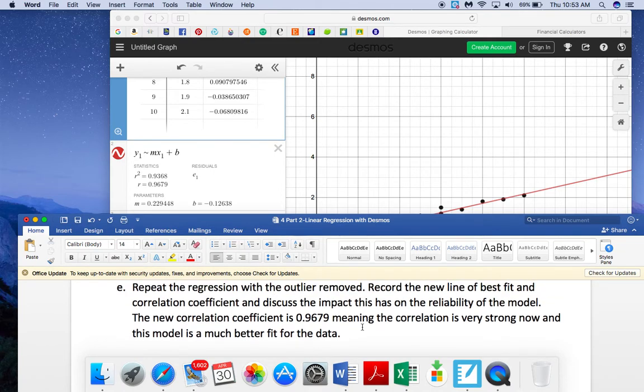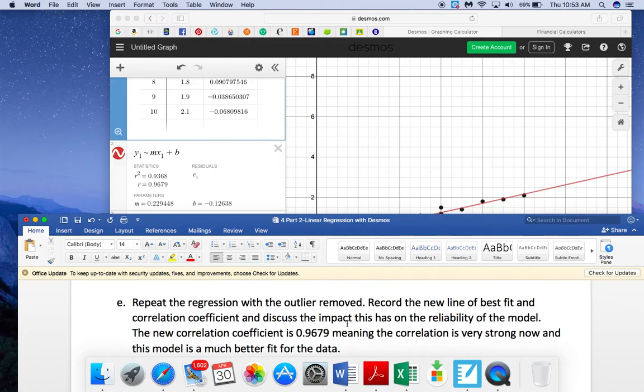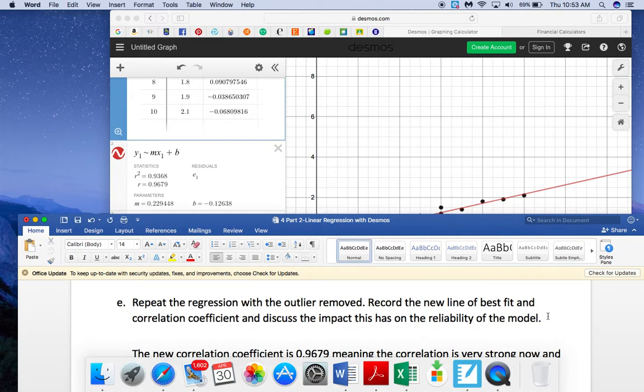Okay, so by removing that outlier, you end up with a much better model for your data. And I didn't actually write down the new equation, which we were supposed to do.